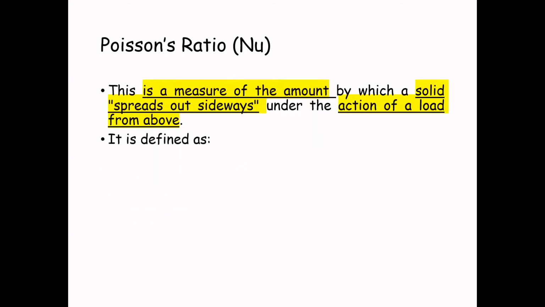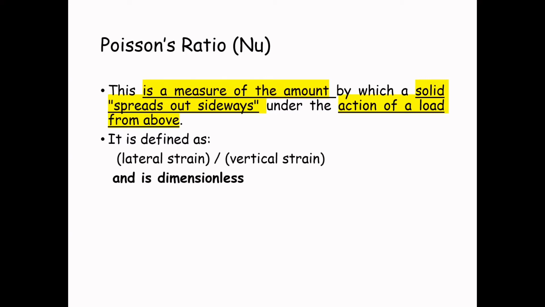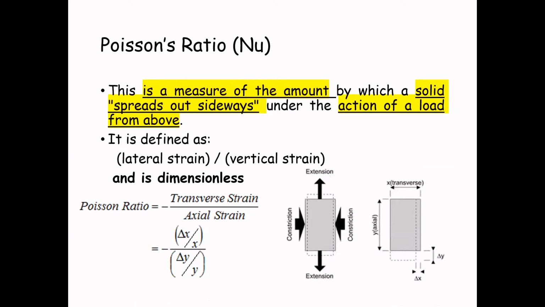We can define the Poisson ratio as a measure of the amount by which a solid spreads out sideways under the action of a load from above. It is defined as the lateral strain divided by the vertical strain, and it is dimensionless. The symbol for the Poisson ratio is nu, as shown in the slide here.